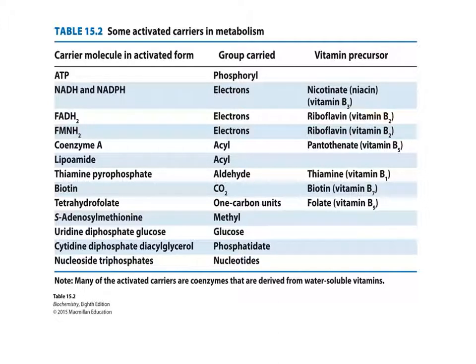And again, we've looked at ATP and the fact that it has that phosphoryl transfer potential, so it makes it a phosphoryl group carrier. We've talked about the NADH, the NADPH, the FADH, and how those carry electrons. We haven't talked about it, but we also have this FMNH2 that serves as an electron carrier.